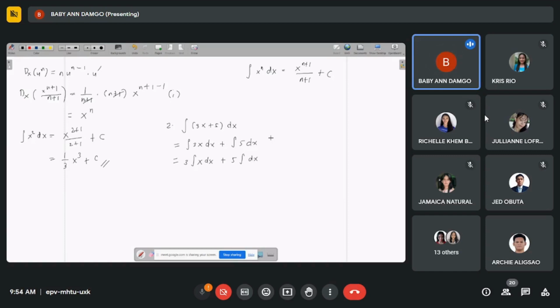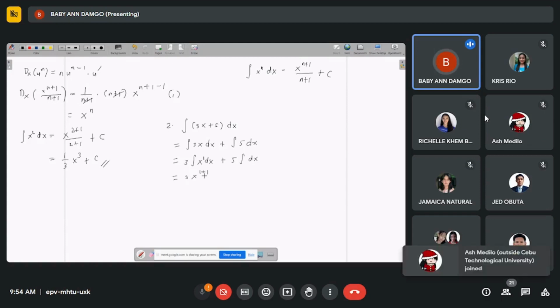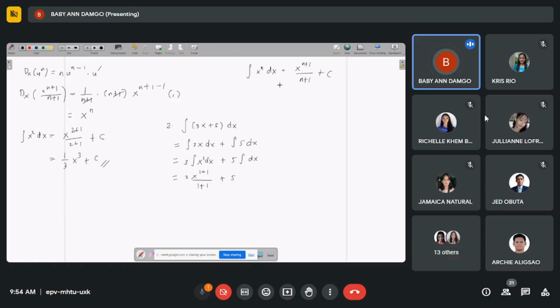Okay? So kung x, ang power ani is 1. So we have here, this is equal to 3x to the power of 1 plus 1 over 1 plus 1 plus 5 sa gani integration sa dx plus, it's x.